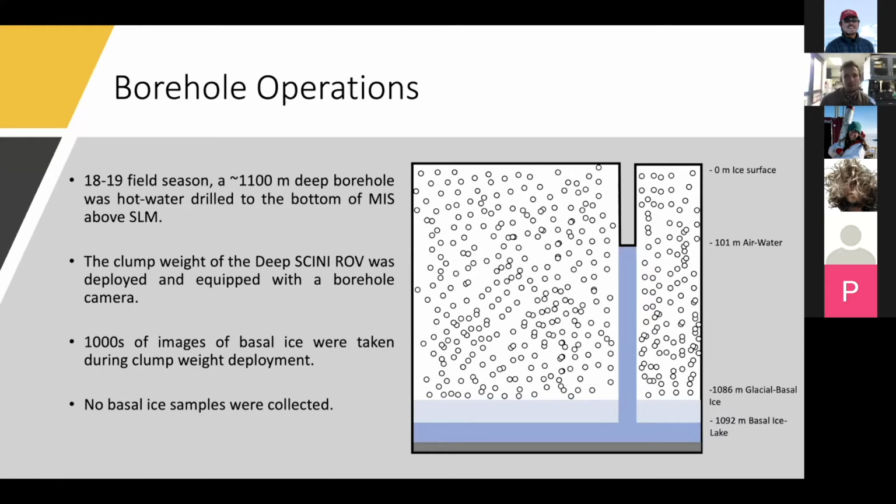As the camera was deployed down the borehole, it captured images of the borehole wall and included thousands of images of the basal ice sequence, which turns out to be important because no basal ice samples were collected while we were in the field. So these images are our best opportunity of studying the basal ice and characterizing its properties.